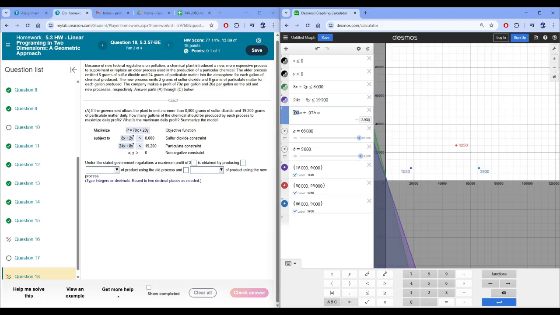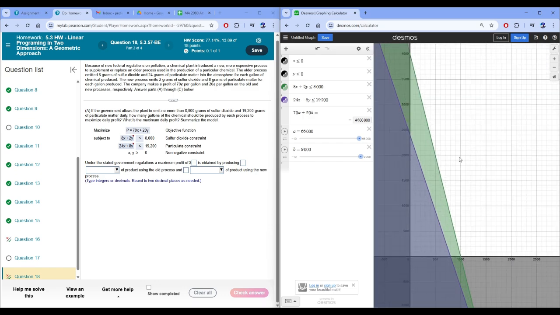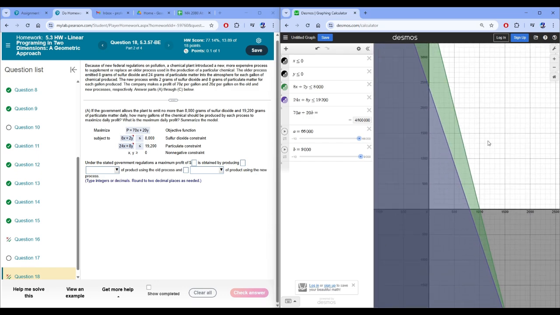My profit is now 70 and 20. These are not my three points. And now let's find 8x plus 2y less than or equal to 8,000 and 24x plus 8y less than 19,200.